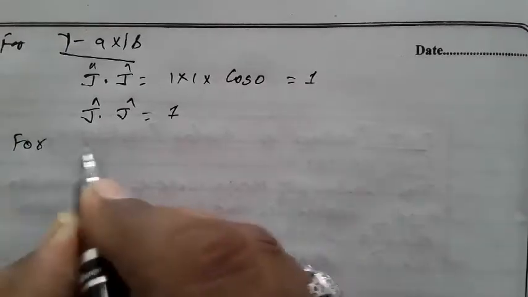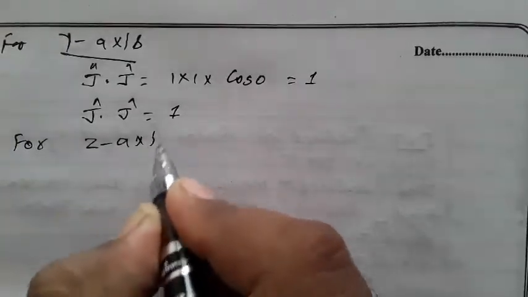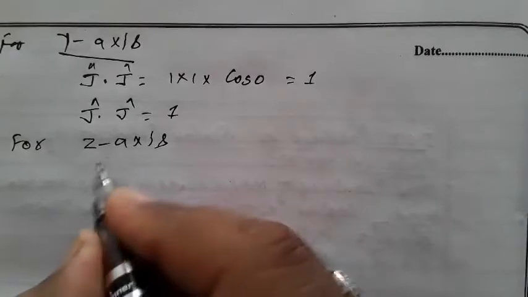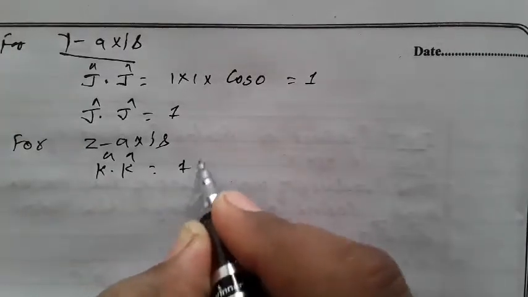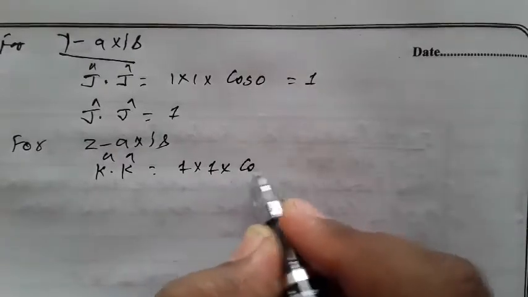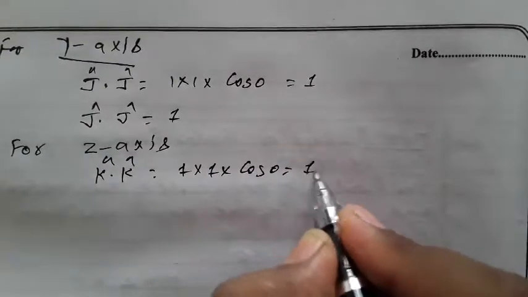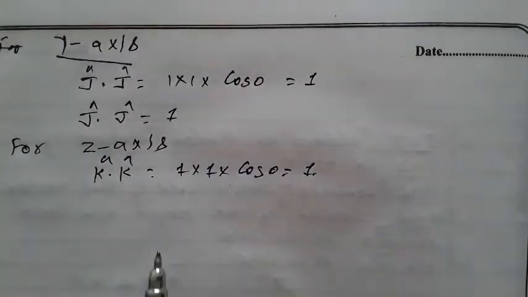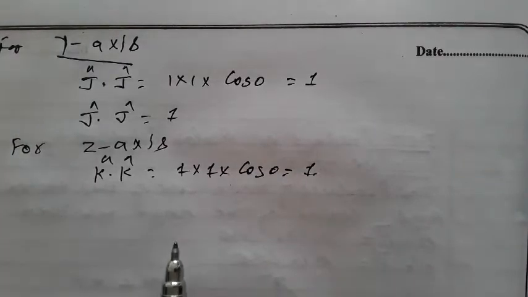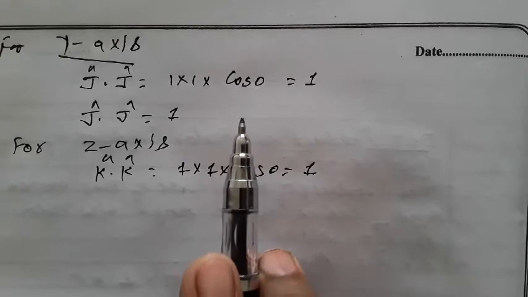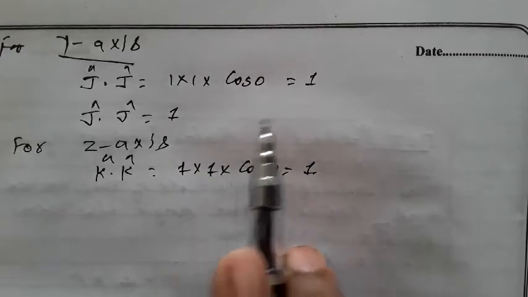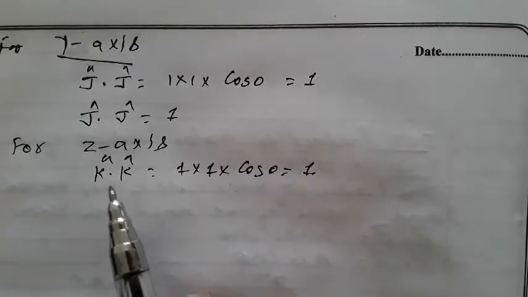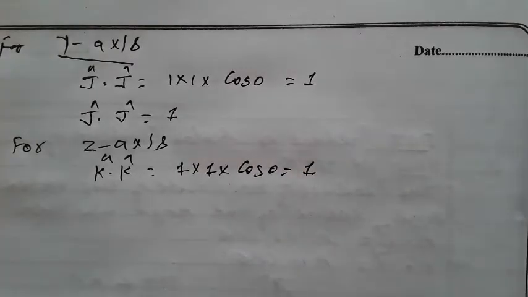For the z-axis, along the z-axis the unit vector is k cap dot k cap, 1 into 1 into cos 0, this is equal to 1. So if the two vectors are parallel, then in terms of unit vectors, i cap dot i cap is equal to 1, j cap dot j cap is equal to 1, k cap dot k cap is equal to 1.